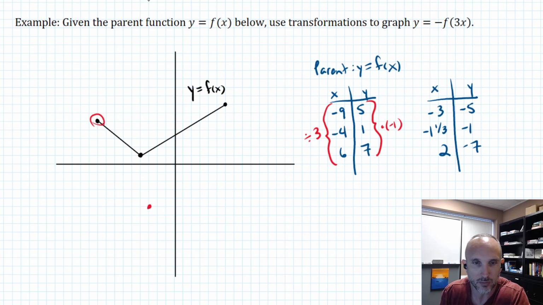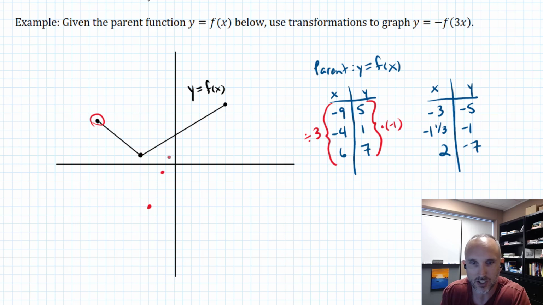That's where this point used to be. So this point has been compressed towards the y-axis by a third. It was 9 units left. Now it's only 3 units left. And it was 5 units up, but now it's multiplied by -1 and it's 5 units down. So it's compressed towards the y-axis and flipped over the x-axis. -1 and a third, -1, so -1 is here, -1 and a third is right here. -1, that's down here.